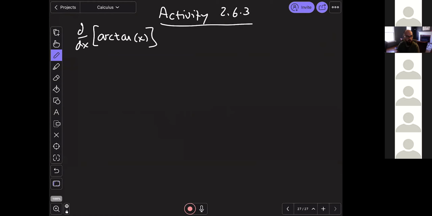To start, part A says, let r of x equal arctangent, and we are going to use our inverse knowledge to rewrite this.